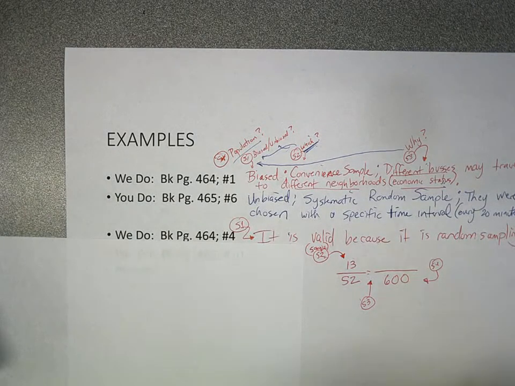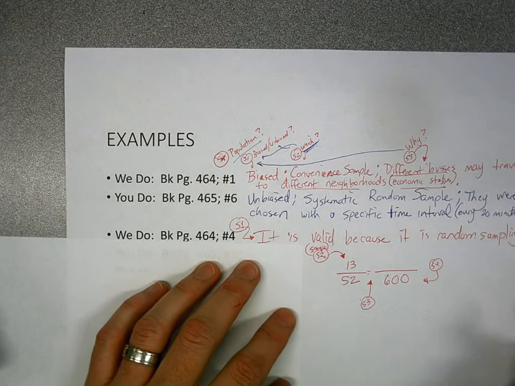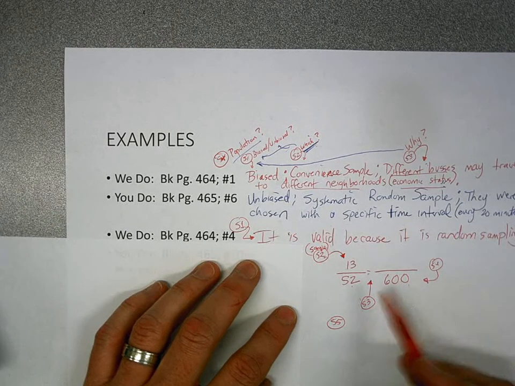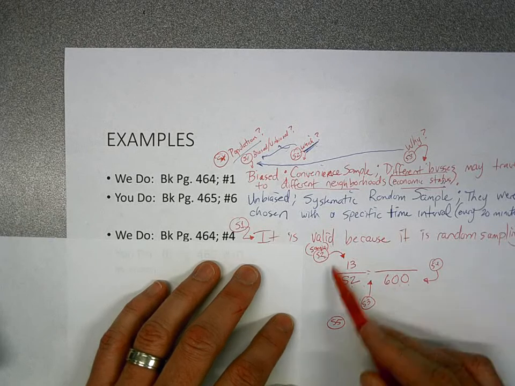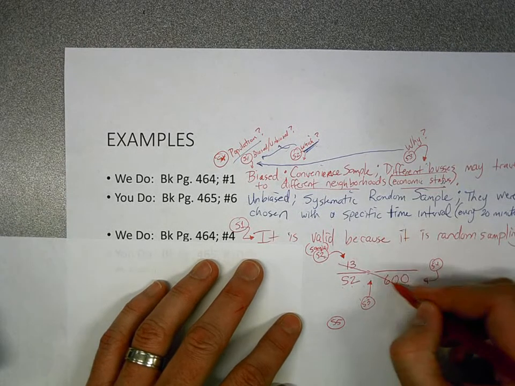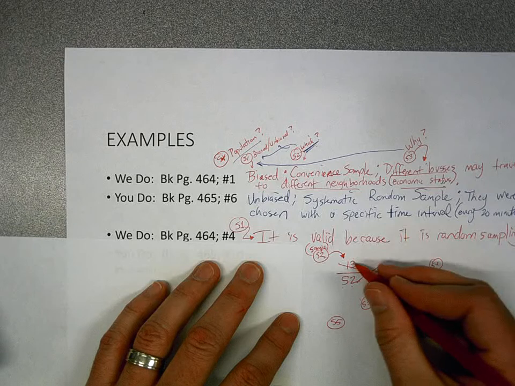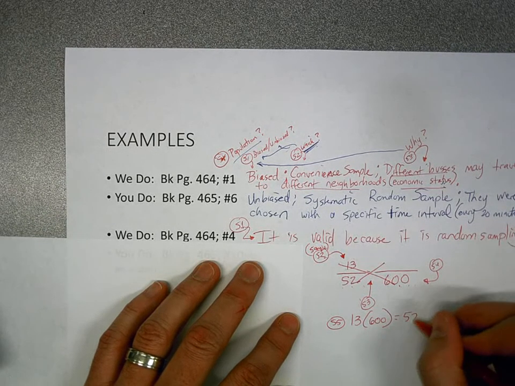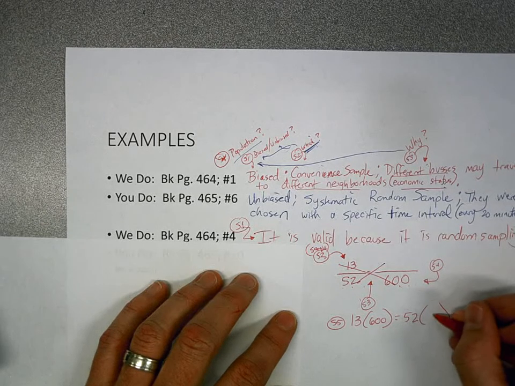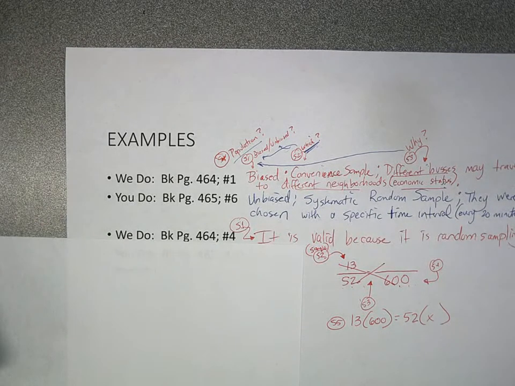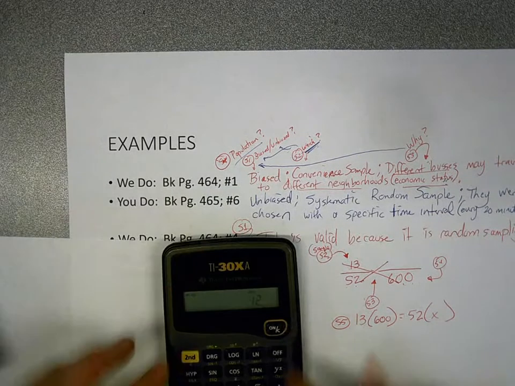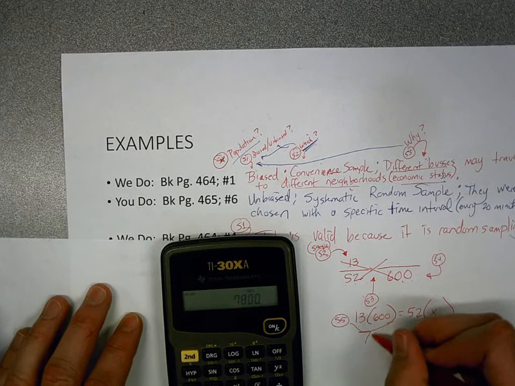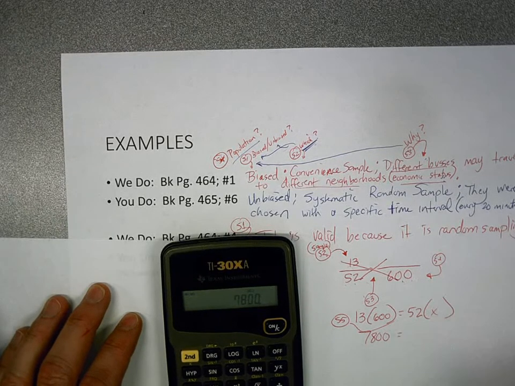Now it's been a little while, right? If this was like 520, you'd just go, oh, 52 times 10. But that's not necessarily true here. Remember, cross products are equal. So 13 times 600 is equal to 52 times whatever's missing up here, which we'll call x. Simplify this side: 13 times 600 equals 7,800. And this side is 52x.